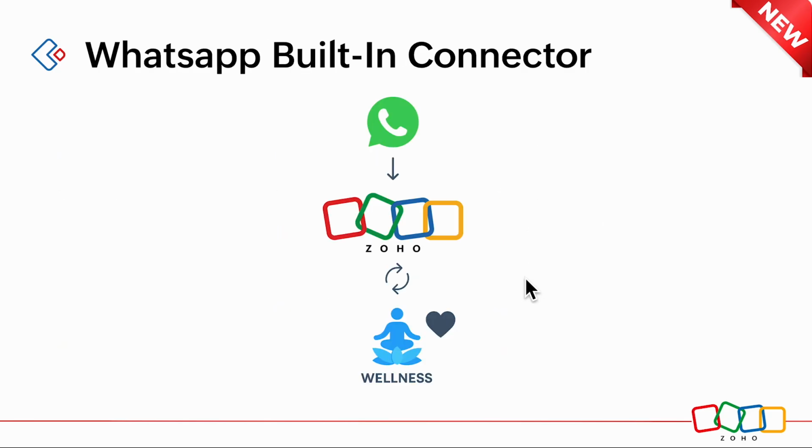Let me give you a quick use case of how the WhatsApp built-in connector has helped a company increase engagement, so that you can get a better understanding of it. Let's say Zilker is a company which runs a wellness program. It wants to increase its user engagement. So it's creating an application in Zoho Creator and integrating with the new WhatsApp built-in connector. Think of how often people check their email.